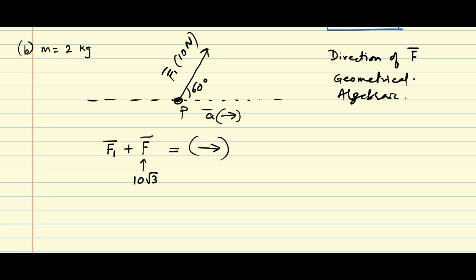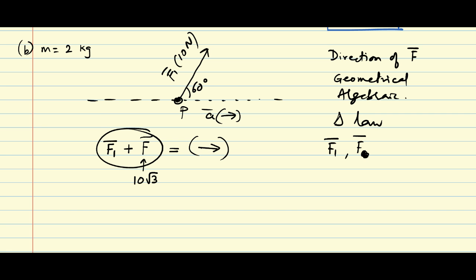So I'll first demonstrate by the geometrical method, in which I apply the triangle law. As you know, the triangle law is a law used to add two vectors, in this case two forces, to get their resultant. So F1 bar will be one side of the triangle, F bar will be the second side, and the third side is going to be the resultant, which is F1 bar plus F bar, and which we know to be towards the right.